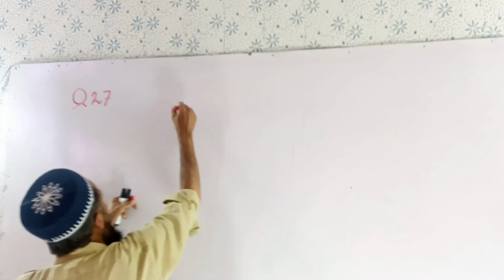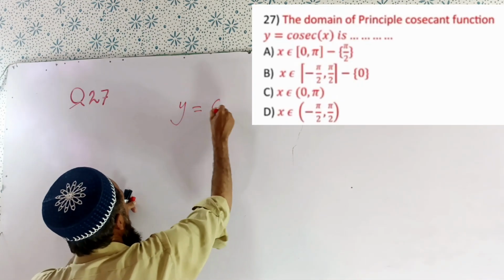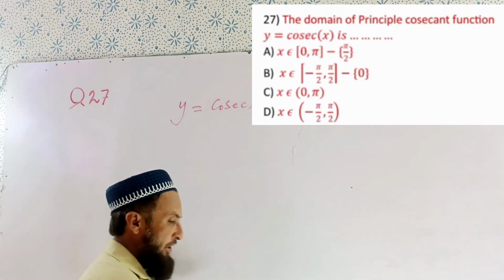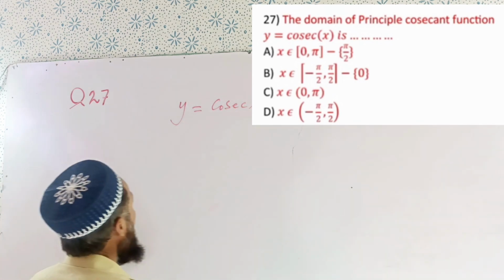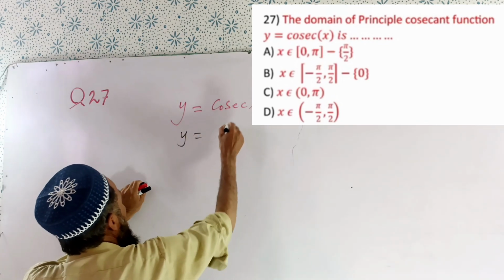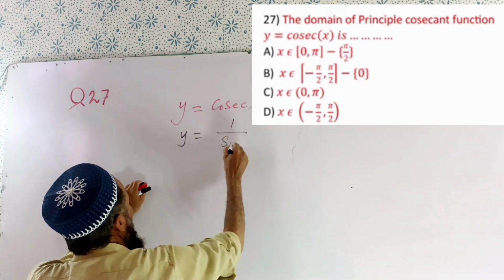Secant function. As we know that y is equal to cosecant x, we need the domain. As we know, y is equal to cosecant x is equal to 1 over sine x.